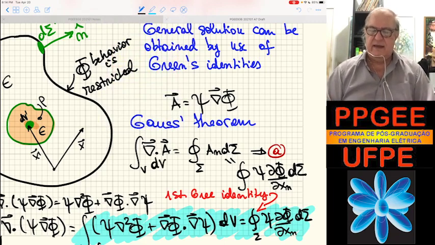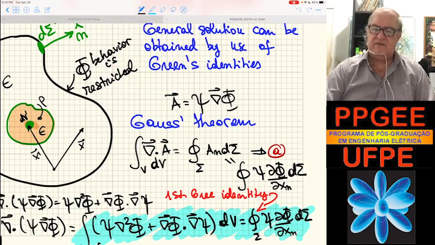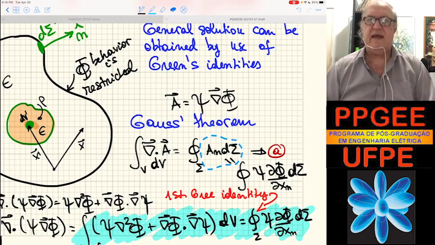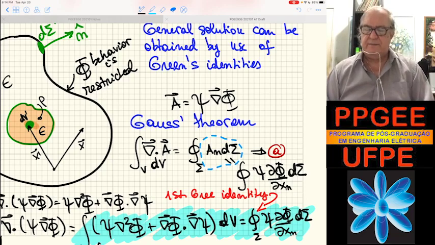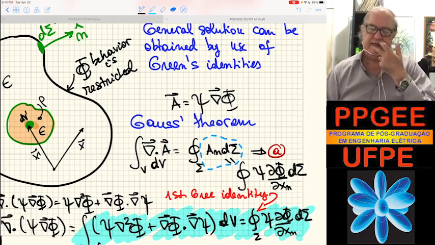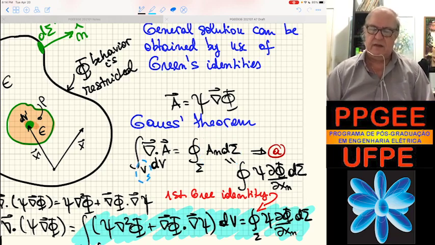of A equals the integral of the projection of A on the boundary, the normal component of A, on the boundary that involves the volume V. So we have the normal component and the surface element.